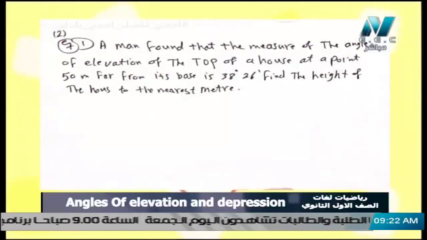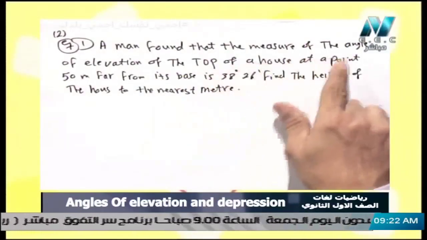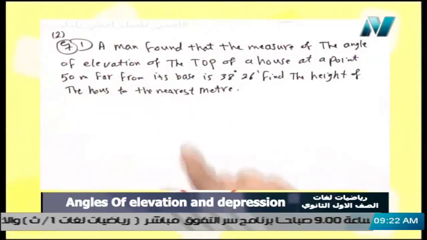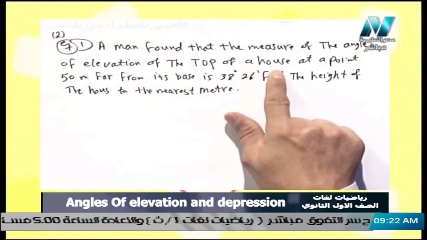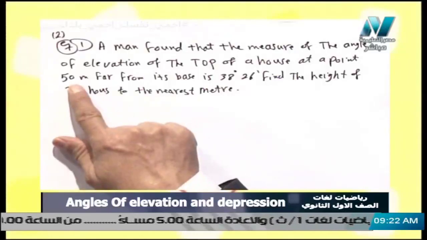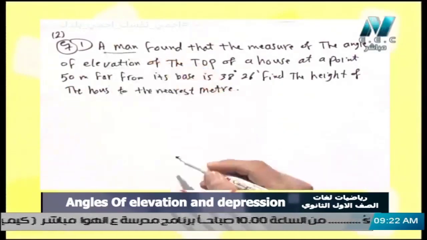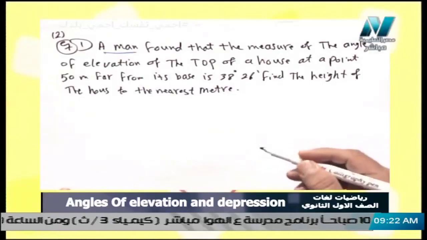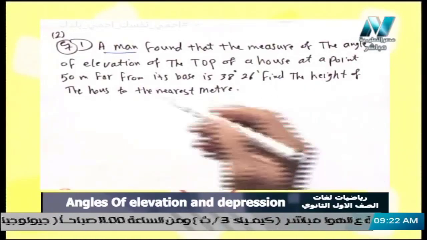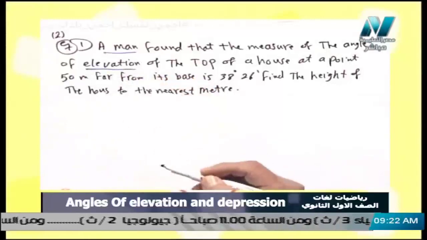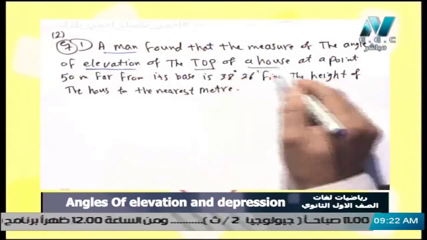If we have a man, here, a man found that the measure of the angle of elevation of the top of a house at a point equal 50 meters. So we have a man looking up, so it's the angle of elevation of the top of a house.